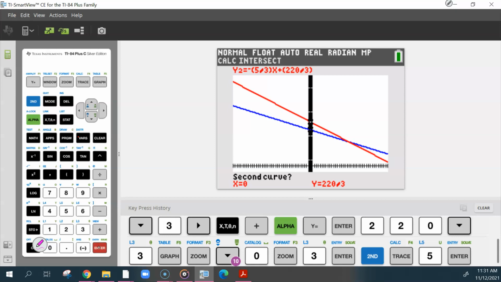In my case, it is, so I can hit enter. It'll ask if you want to guess, that's if you want to move your cursor where the two lines intersect. You don't need to do that part. You can just hit enter again. And it will tell you what that intersection point is. 20, 40.